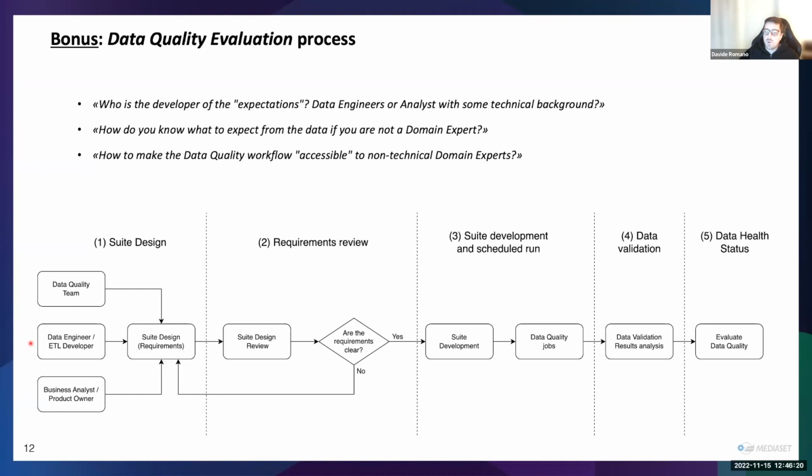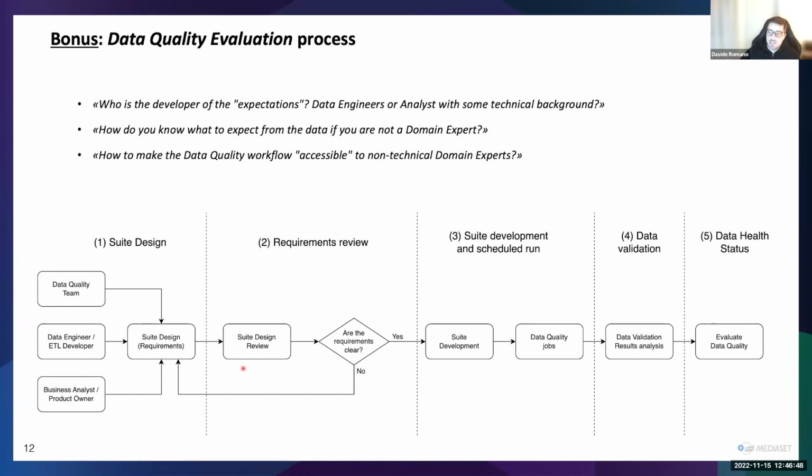Or if you want to evaluate a table that is the output of a transformation process, maybe the domain expert in that case is the ETL developer or the data engineer. So what we expect to generate from this step is a requirements document that collects a sort of rule of thumb of what you expect from your data in natural language.